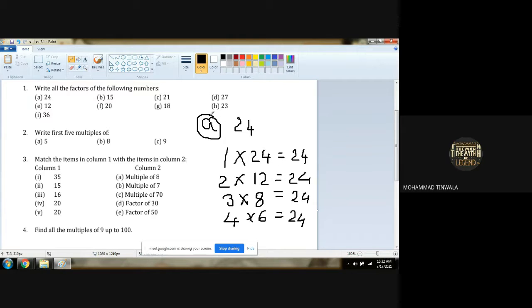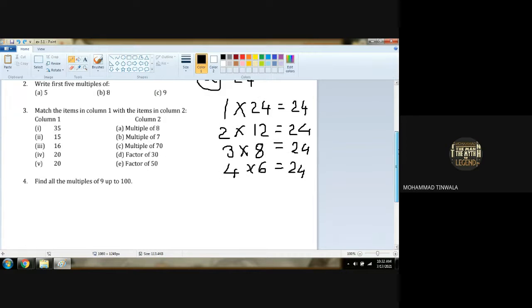Which will be the greatest number? The number itself. So from here you are getting the smallest factor and from here you are getting the greater one. Are you getting it? So the actual factors are what?